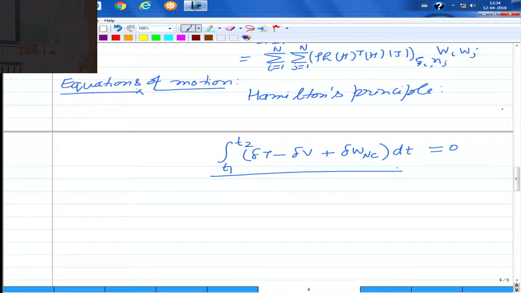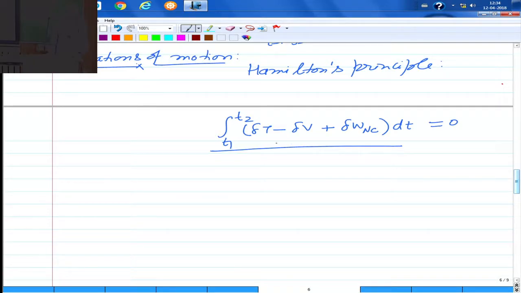So the actual motion of the body will be governed by this equation, wherein delta T is the first variation in kinetic energy Ke, and delta V is the first variation in potential energy of conservative force fields.